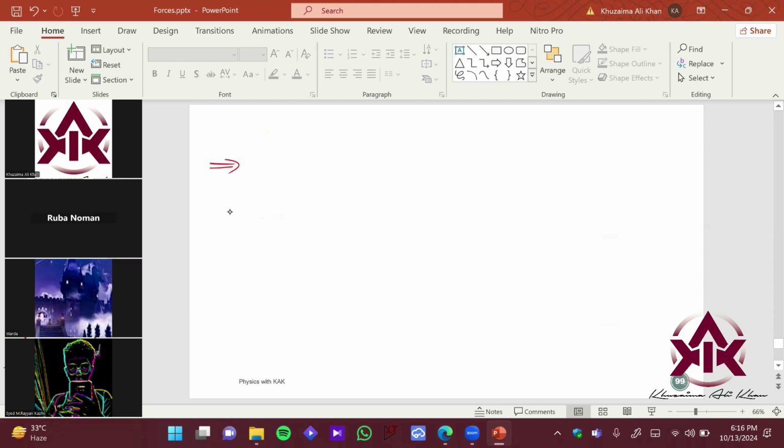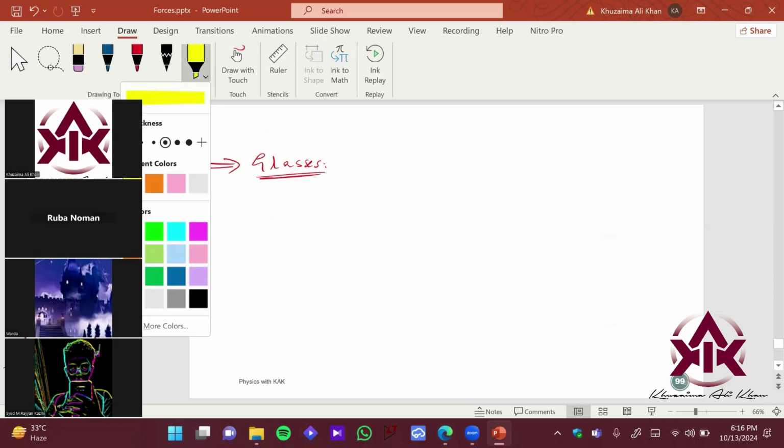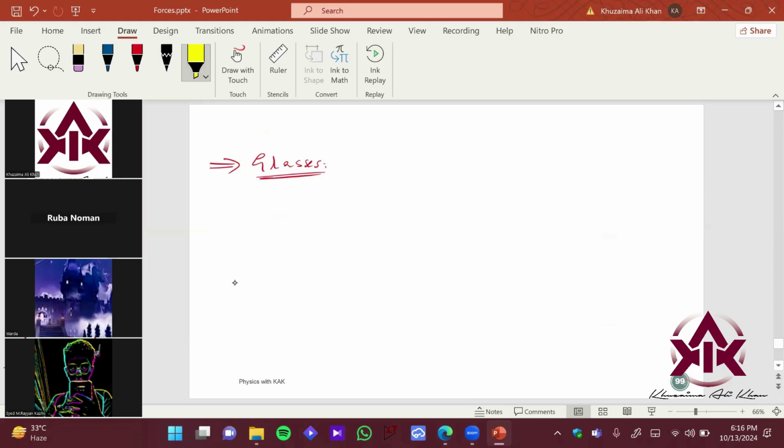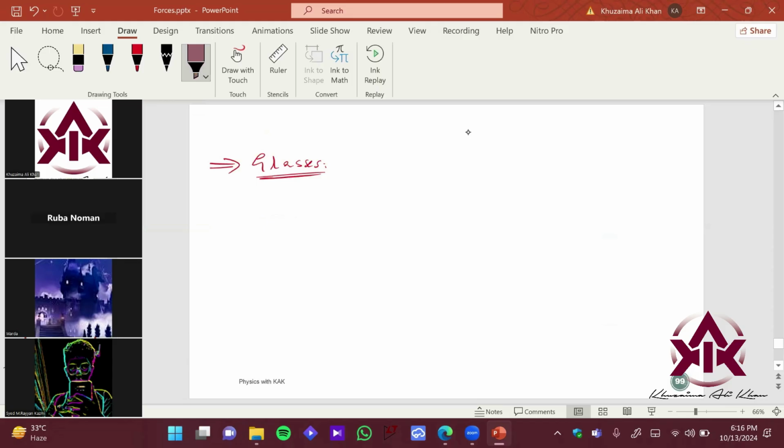Imagine we have glasses, right? Imagine you're doing an experiment on, let's say, a table, right? And for a table, I need brown color. Where is brown? Brown is here. Imagine this is a table over here, right? And you have two types of glasses.